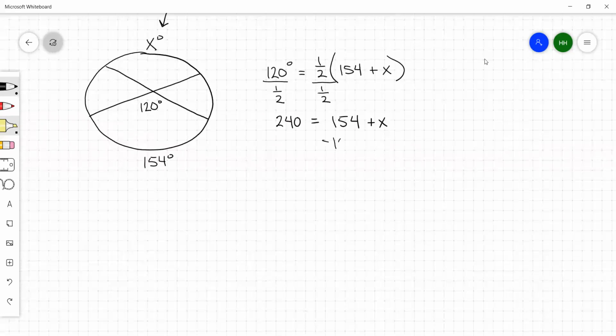So if we subtract 154 from each side, we get 86 degrees.